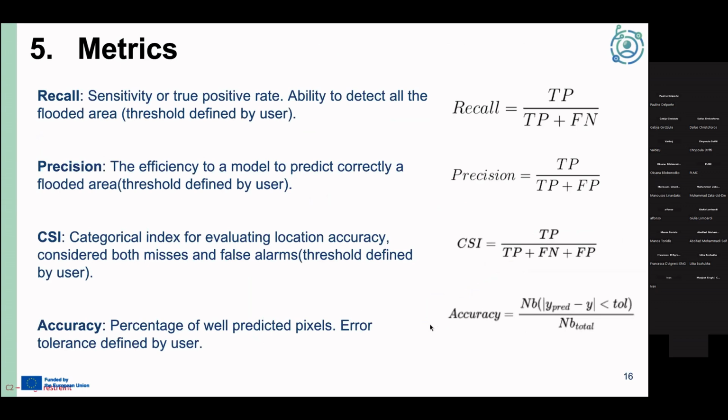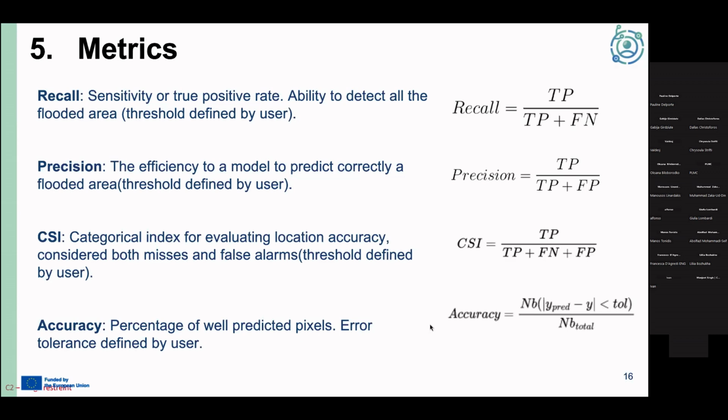When I'm talking about metrics, I'm talking about different ones. First, the recall, which is the ability to detect all the flooded area. But for that we have to define a threshold, a height at which we consider the ground flooded. In our case, we say that a water depth of more than 5 centimeters is flooded, but this threshold can be defined by the user.